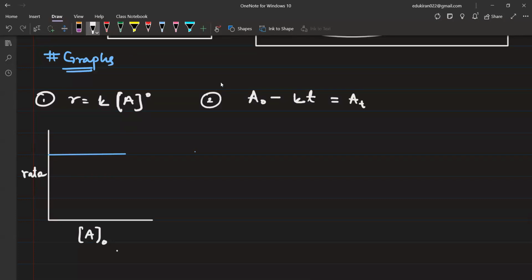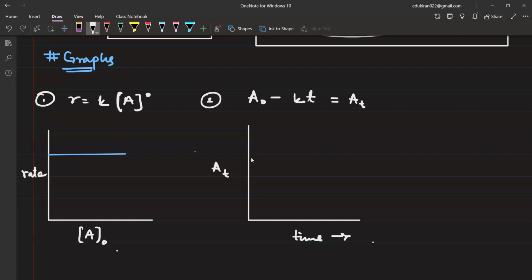We write AT for it. So see here, if I do y is equal to mx plus c, the graph is between the remaining concentration of the reactant and time. What will happen as the time exceeds?